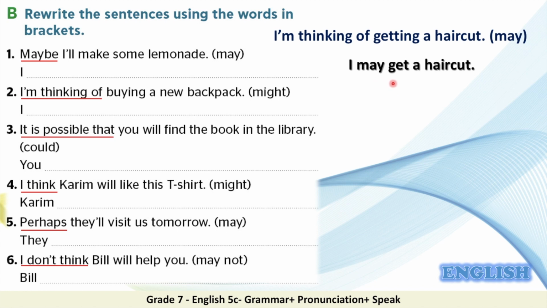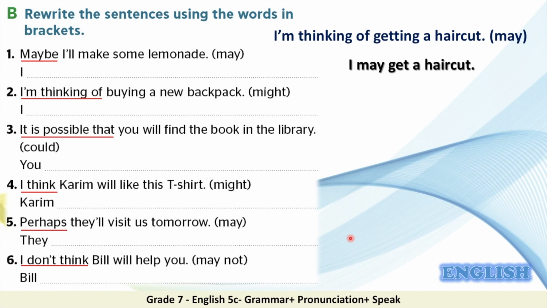I may get a haircut. Here, the verb has ing, but here, after may, it is in the base form. Now, pause the video, do the activity, and then come and check your answers.